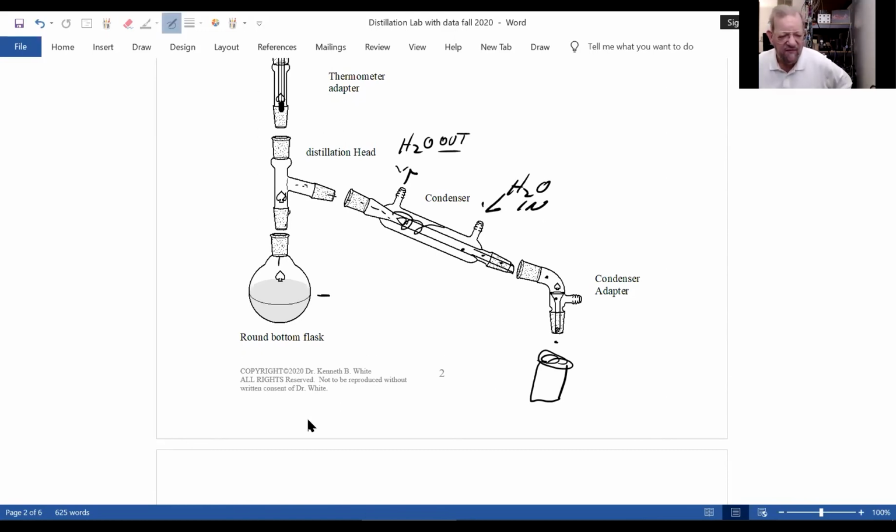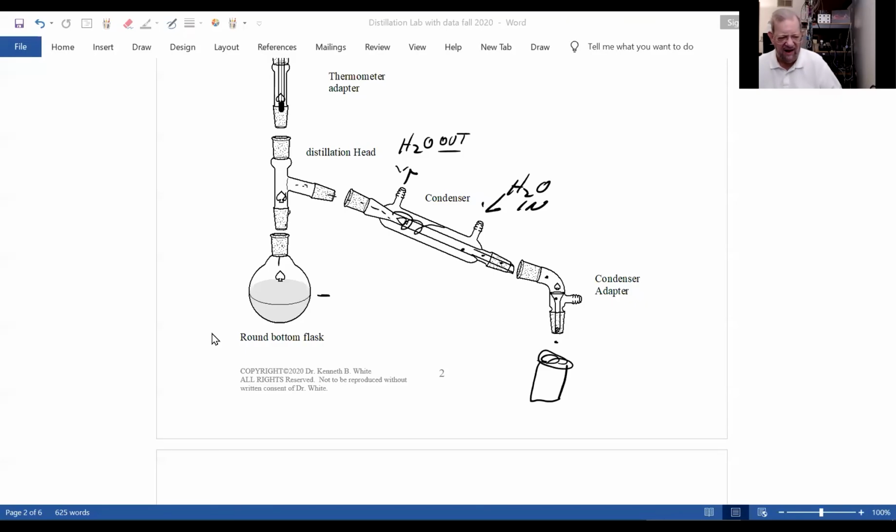Now, important other thing, safety consideration. How many of you have ever made rice or boiled noodles? Do you want to put the water in the pot you're cooking in all the way to the very top of the lip? No, because it will boil over and you'll have a mess. Guess what? Same thing's true in organic chemistry and distillations.